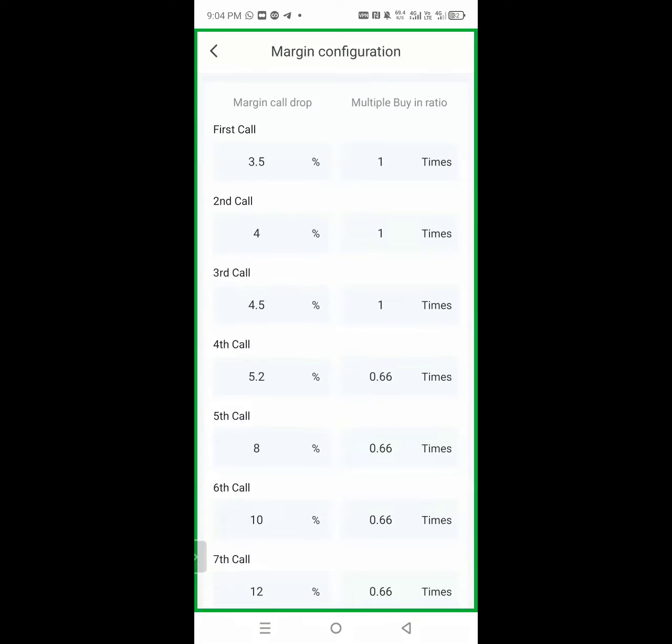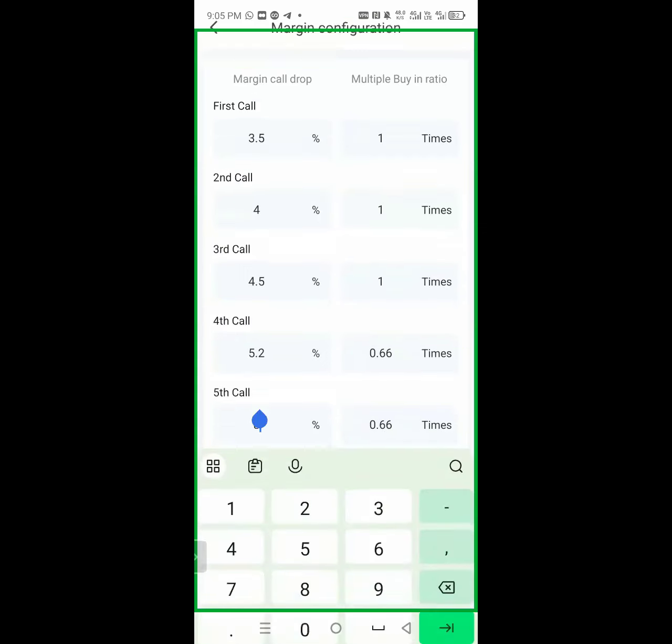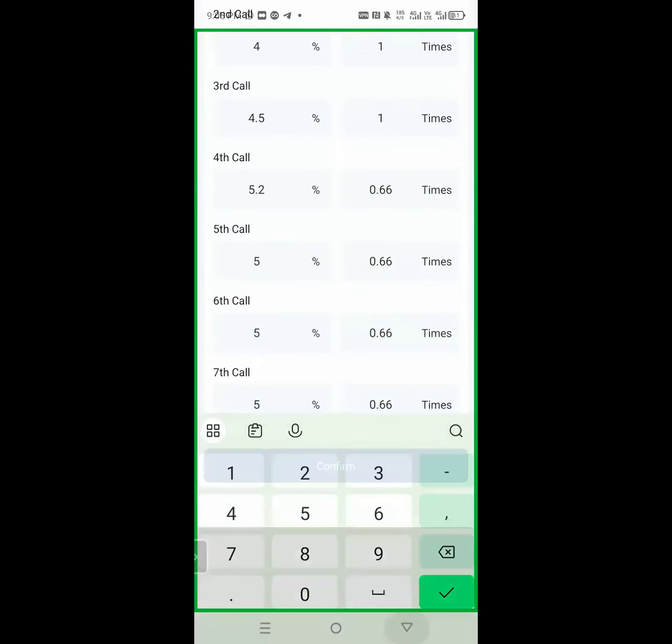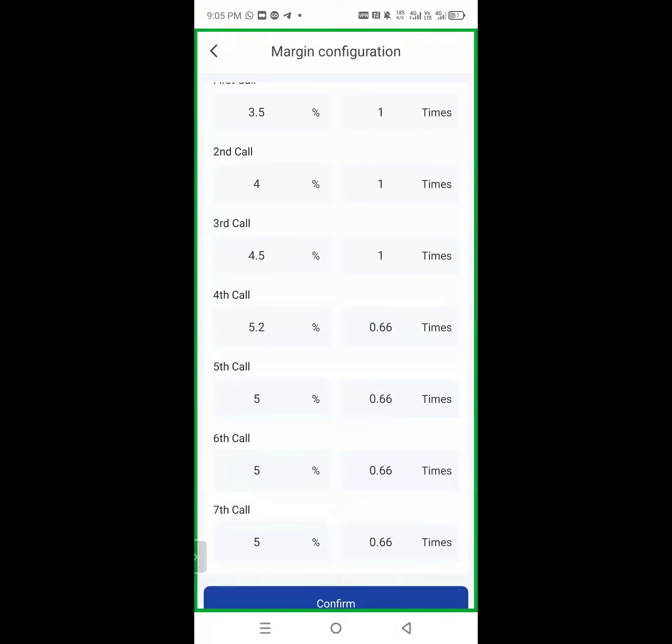To explain the left side is simple. The default, sometimes if you are using margin calls that are lower than 5, maybe you don't have capital and your margin call is not plenty, just go with default: 3.5 for the first drop, 4% for the second drop, 4.5 for the third drop, 5.2 for the fourth drop. Because this other one is big, you can just make the rest a 5% drop. So please, this is for margin configuration.